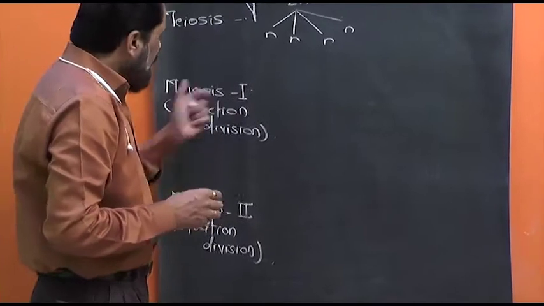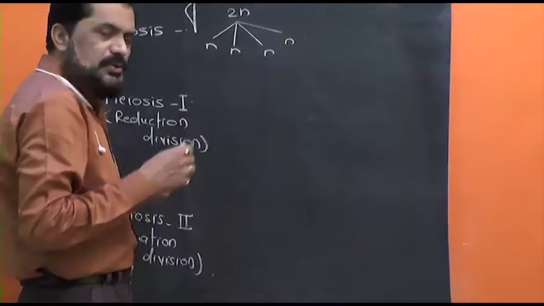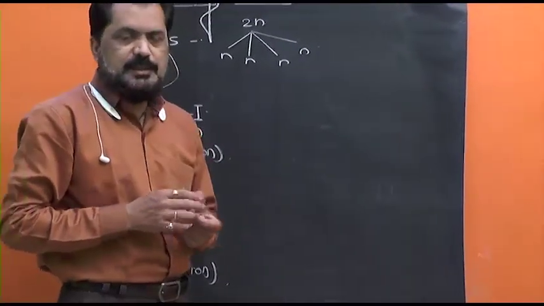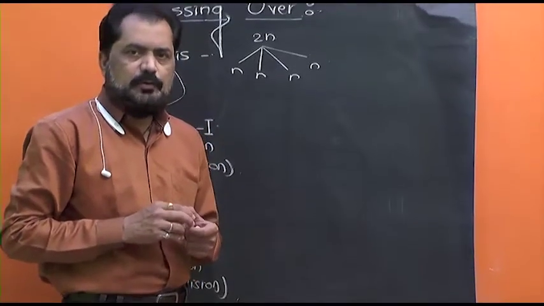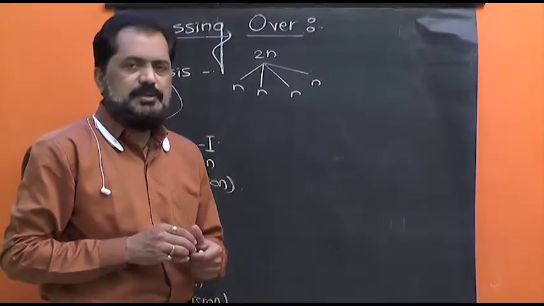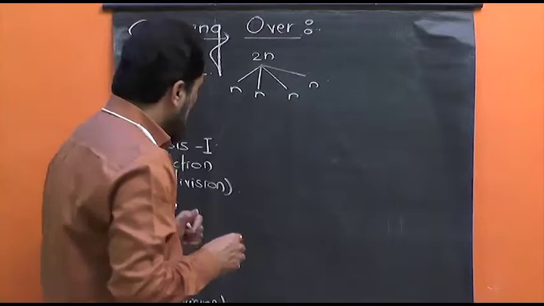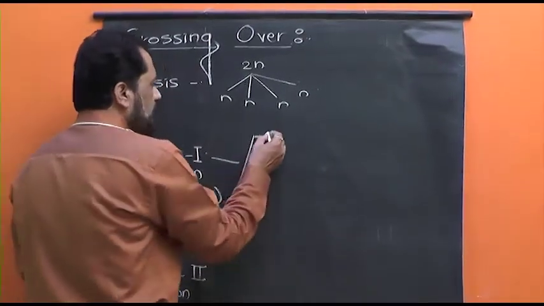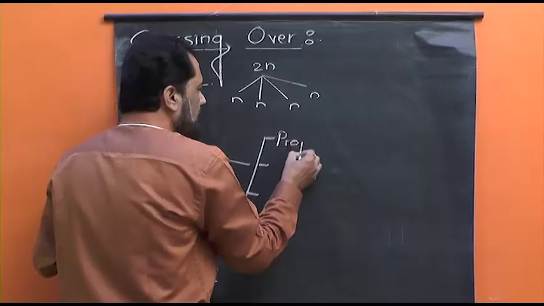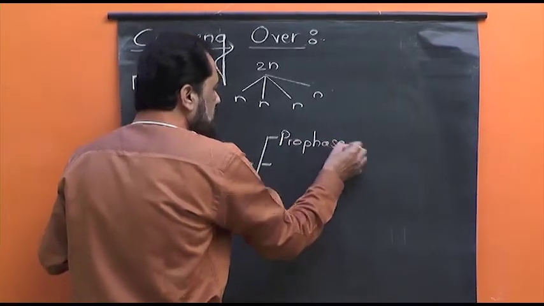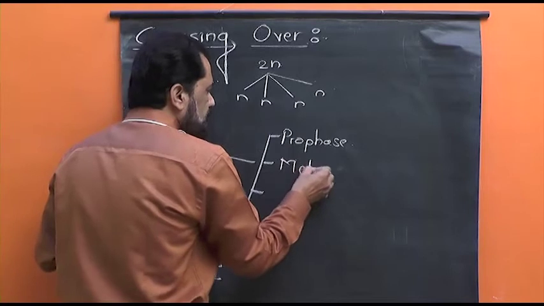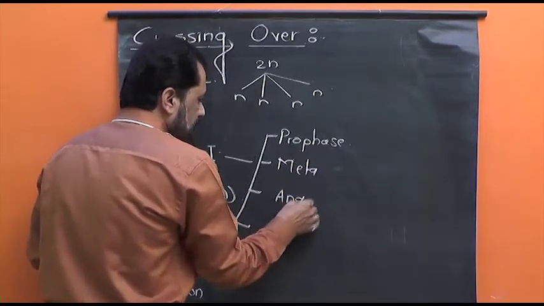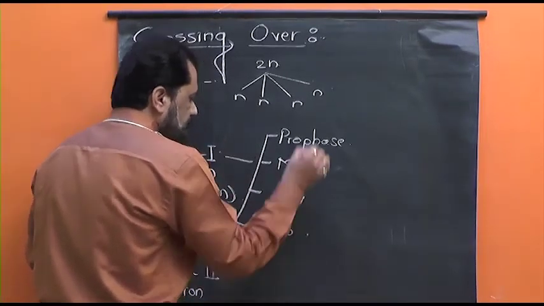Now meiosis first involves, as usual, karyokinesis, that is division of nucleus, followed by cytokinesis, that is division of cytoplasm. And we know that karyokinesis occurs in 4 steps: prophase, metaphase, anaphase and telophase.